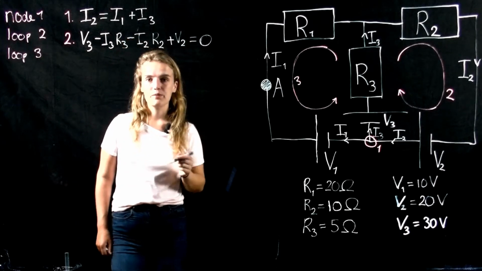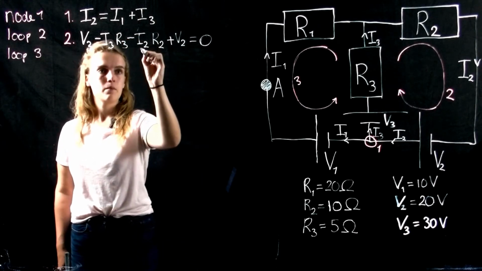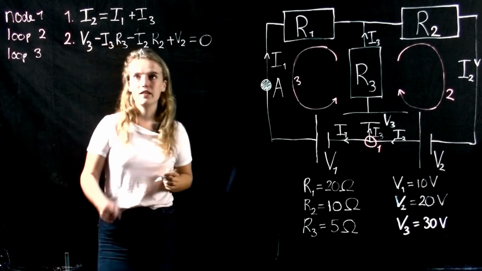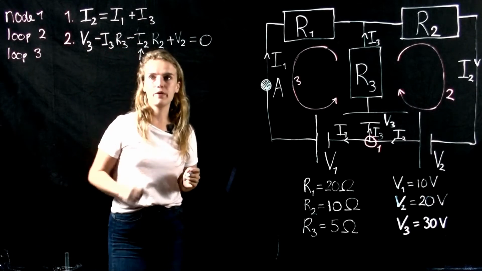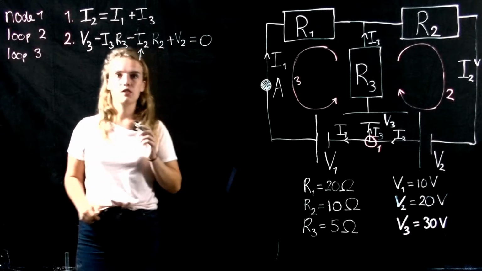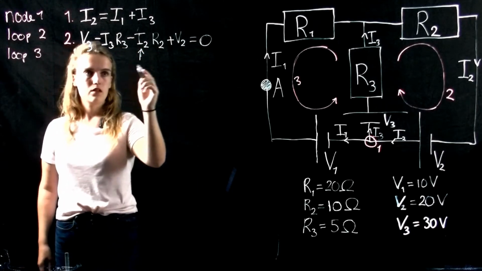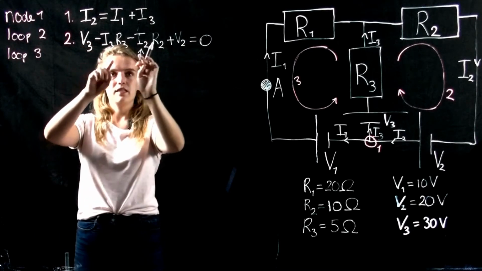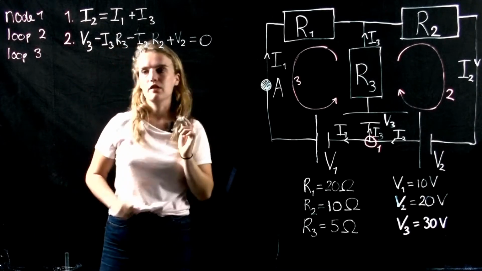Now, as I said, we can fill in I2 here. So let me fill in the first equation in here so that we only have I1 and I3, and I2 is left out. And what I will do at the same time is get the V's to one side and then the I's to the other side.